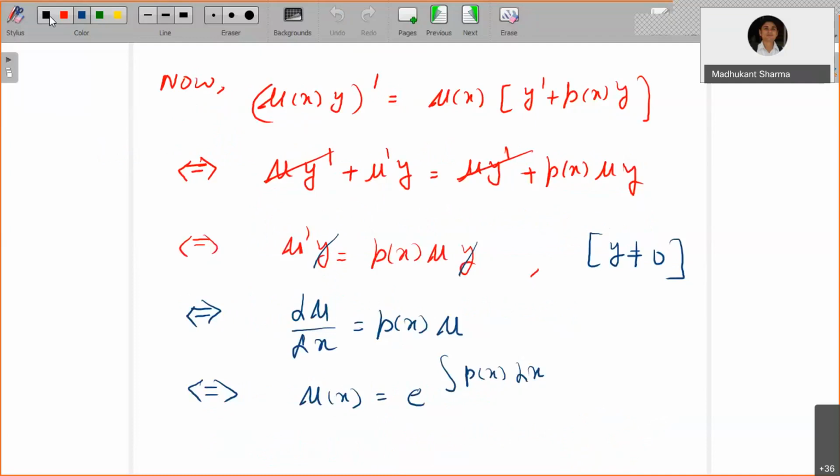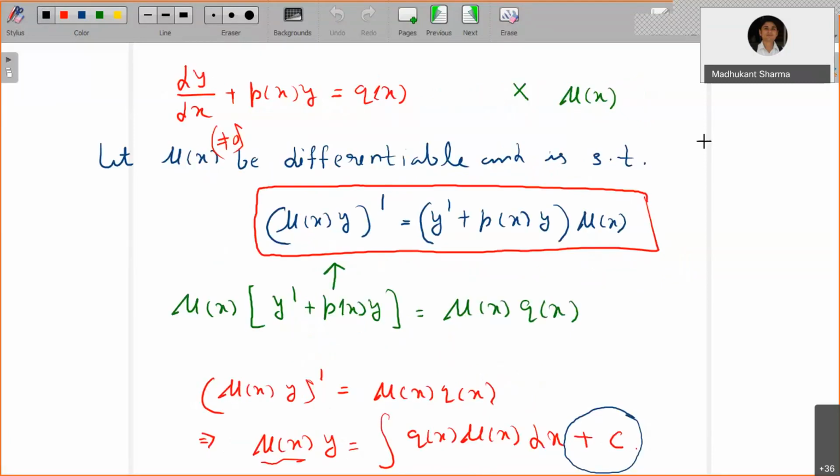This mu is also called the integrating factor of this equation. Let me denote this equation as 1. Why is it called an integrating factor?